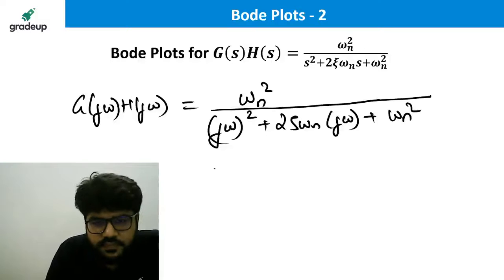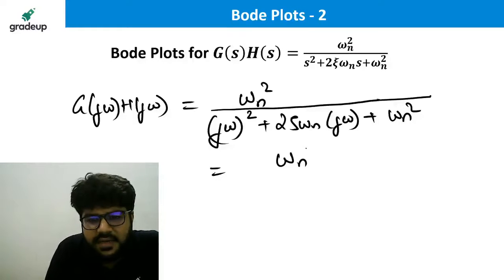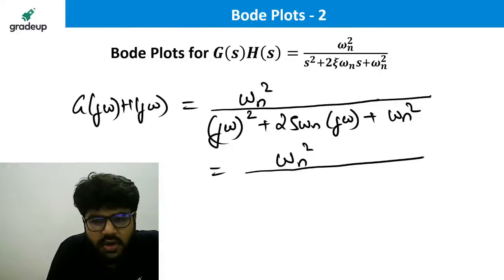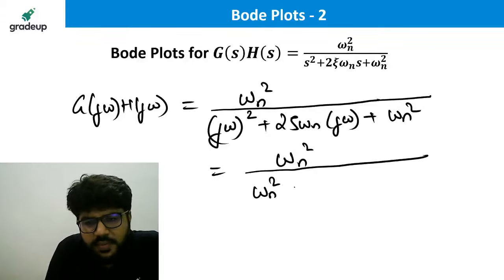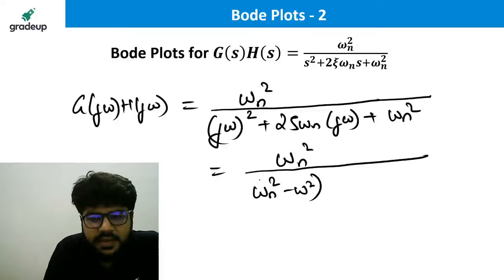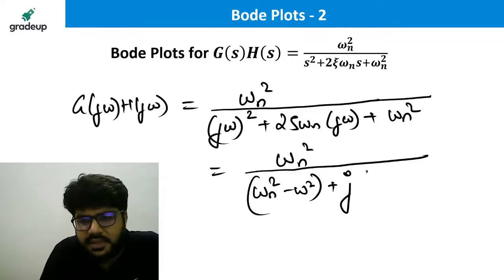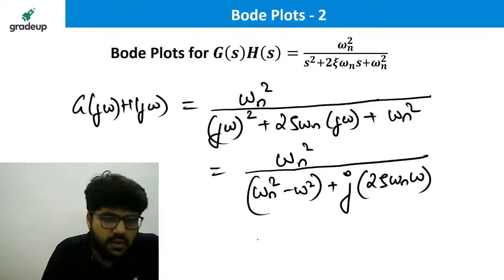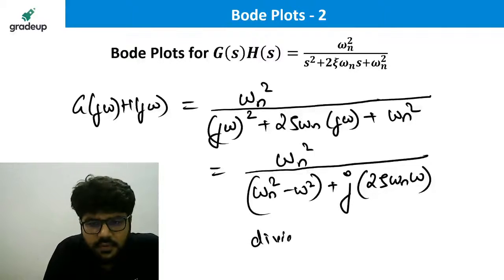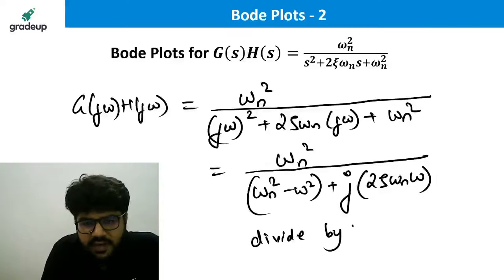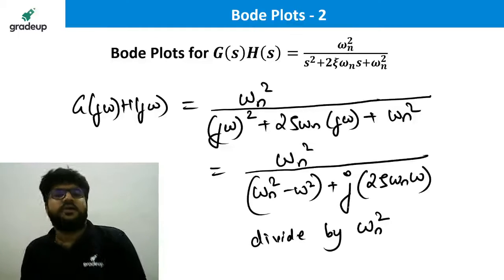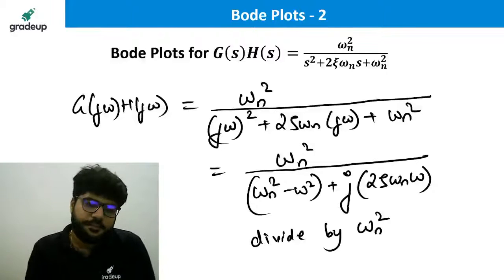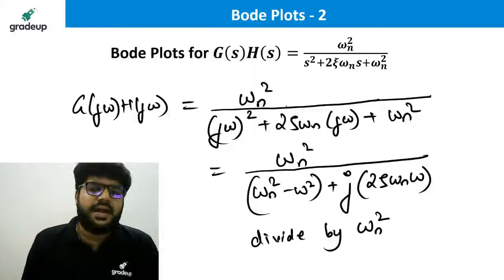That is basically omega n square upon, what is the real part in the denominator, omega n square minus omega square, plus j 2 zeta omega n omega. Now divide by omega n square.